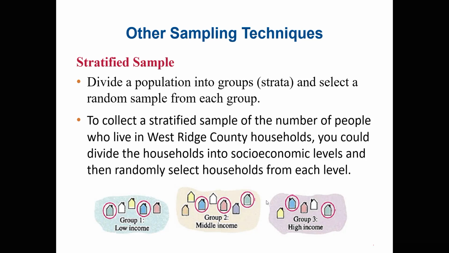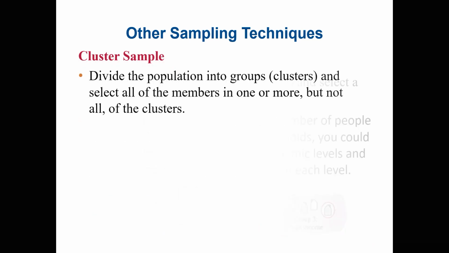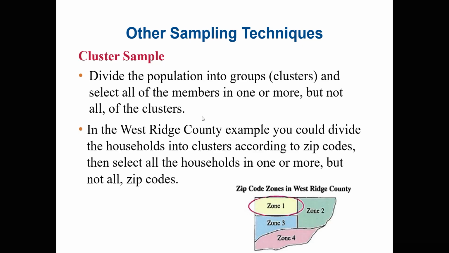Now let's take a look at cluster sample. You simply divide the population into groups or clusters and select all the members in one or more, but not all of the clusters. So you may take the different neighborhoods of Montreal. You don't select all the neighborhoods, but you select one or more neighborhoods and you run your survey.